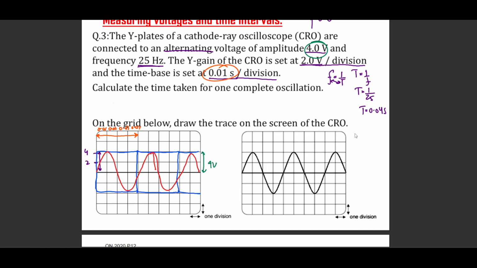The output of the alternating voltage is 4 volts and has a 25 hertz signal. Now we can see that our wave is being completed in 4 boxes. So if I multiply this 4 with 0.01, which is what's given for the division, this becomes 0.04 seconds, which was the period of our signal. So we have successfully drawn it, and in a much better way it's drawn over here, right?